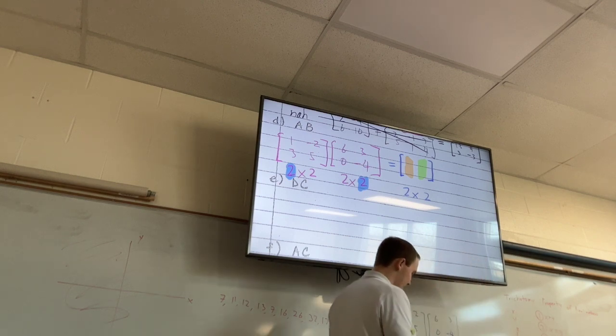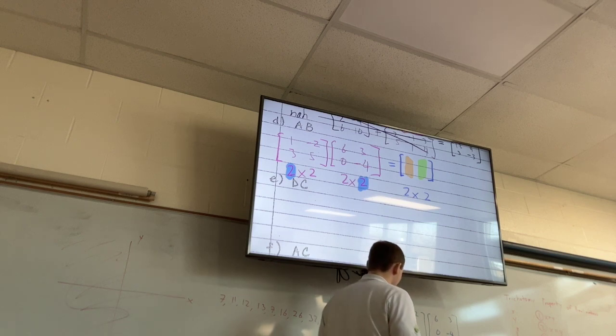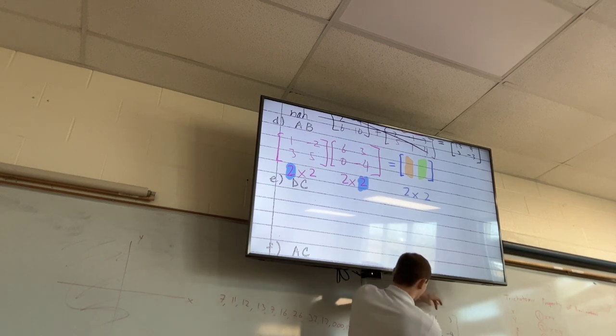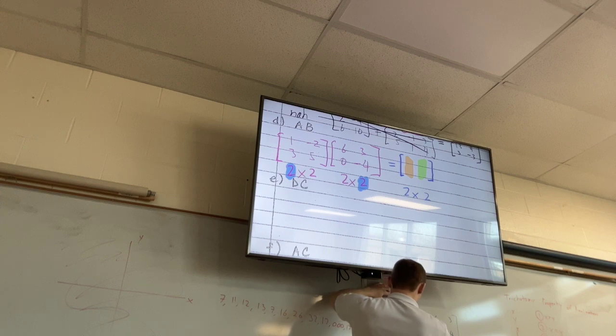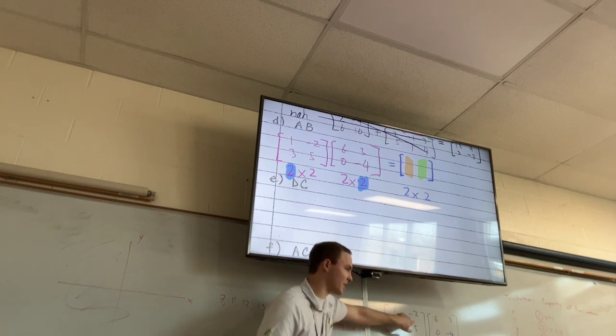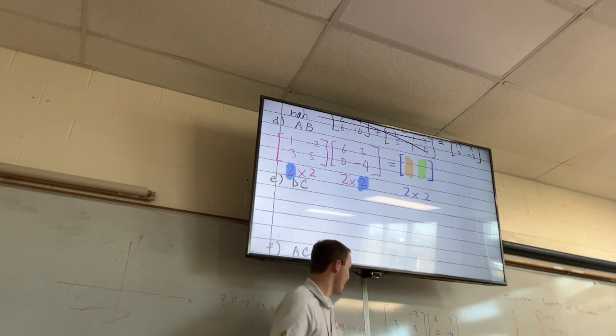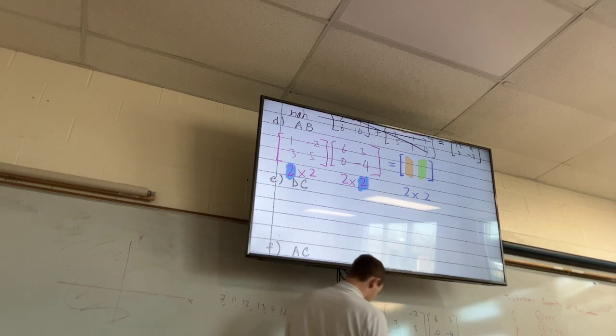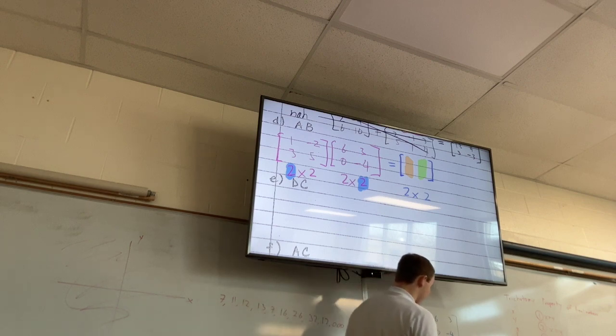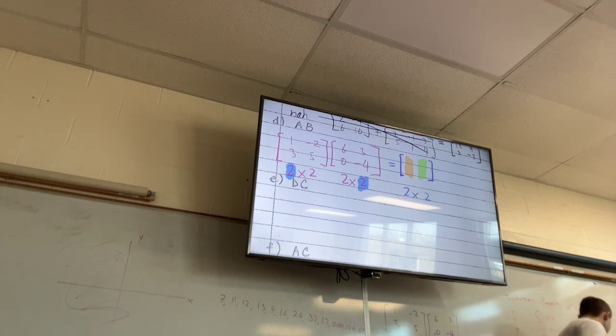I like to visualize this. I'm just going to write them as two columns that are added together. I'm going to add the two columns of this first matrix, except I'm going to look at the first column of B. I'll do it in orange.